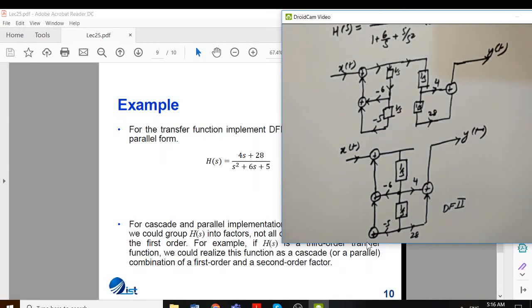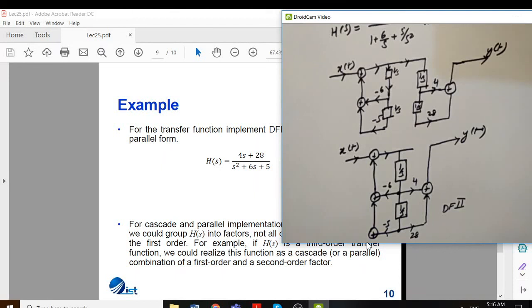So what is the difference between direct form 1 and direct form 2? The first difference is that in direct form 2, the output terms, or the pole coefficients, are drawn first, and the coefficients of the numerator, or the coefficients for the input, are drawn afterwards.